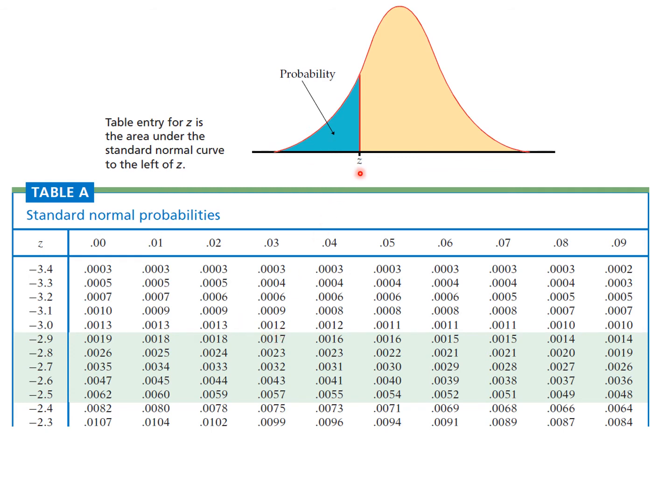If the z value is minus 3.21, how do you find the area? You go here, minus 3.2 you get from here and 1 you get from here. So this area is the area on the left hand side of the z value minus 3.21.